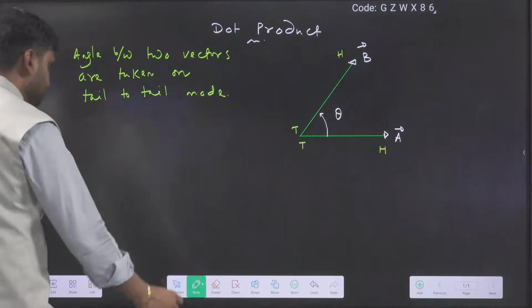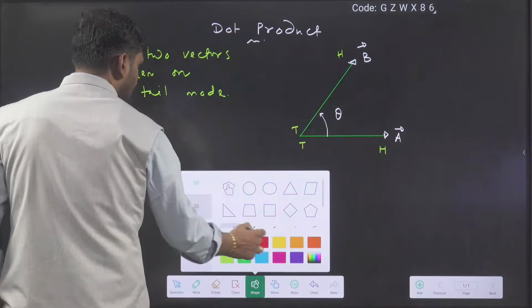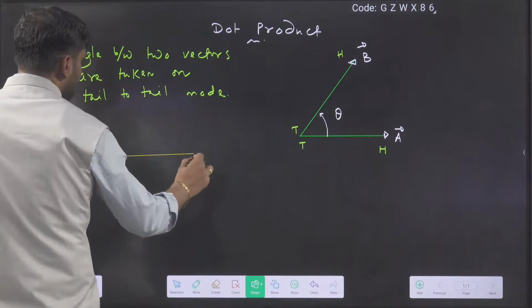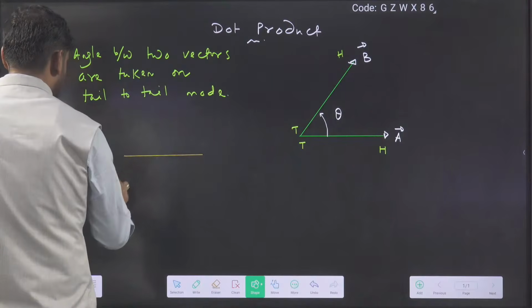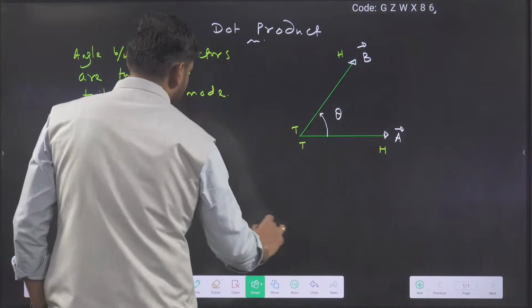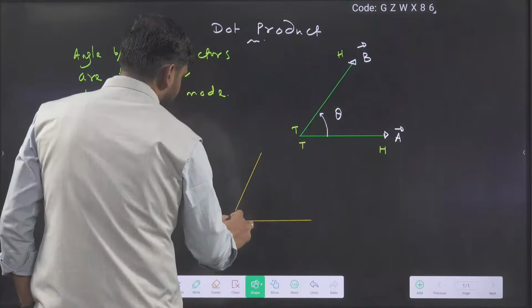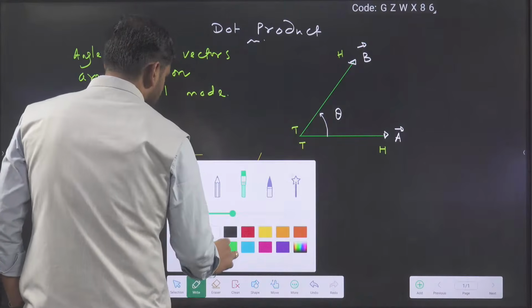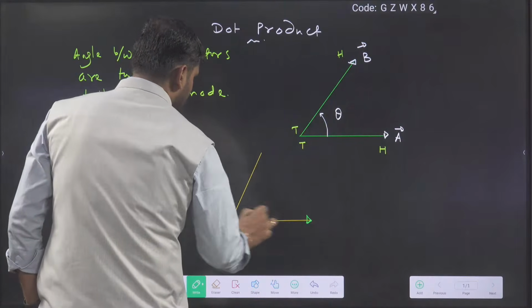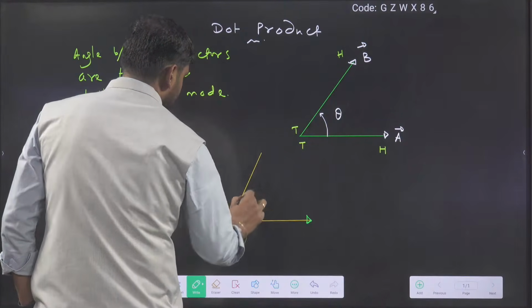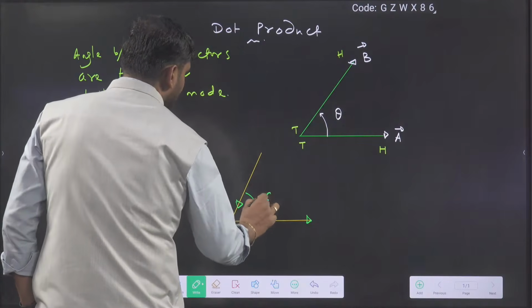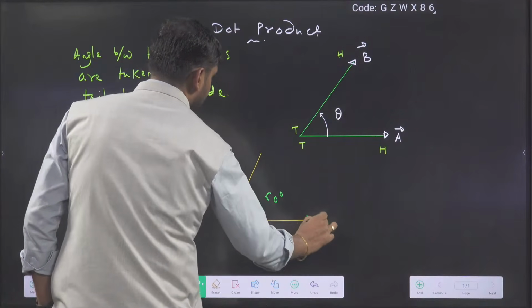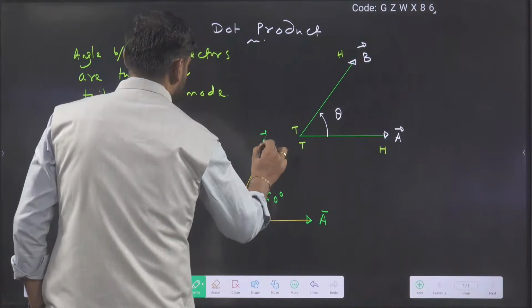As an example, I am taking these two cases, so it will give you clarity. These are the two vectors. This angle is given to be, let us say, 60 degree. This is A vector and this is B vector.